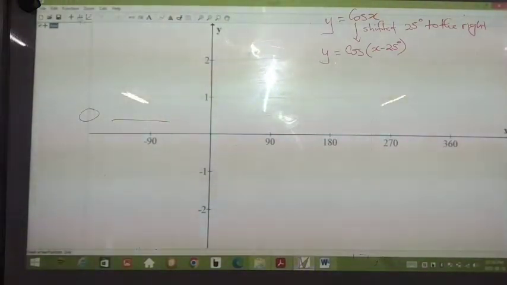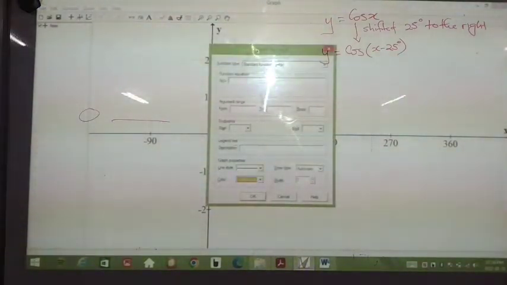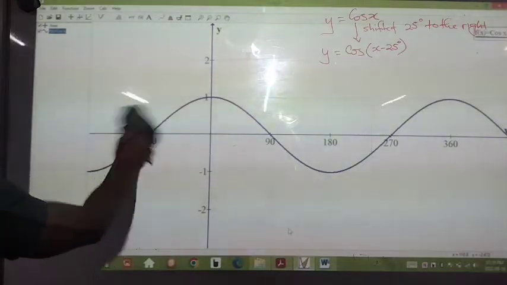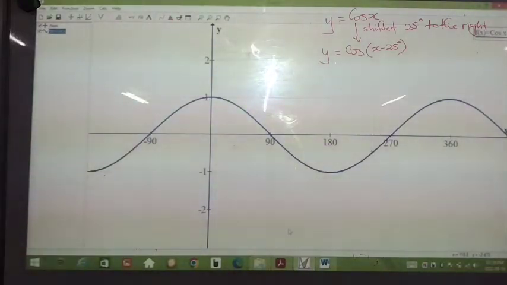I will put the basic graph. The basic graph for cos x. We have been given the interval to use.